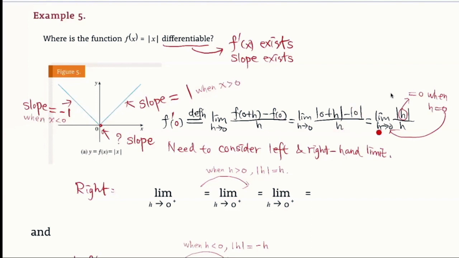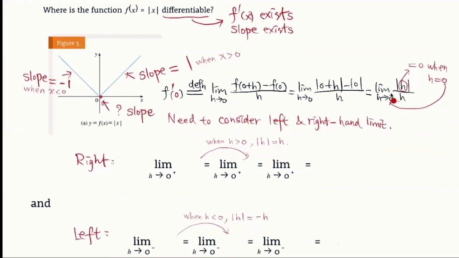Simplifying, this is the limit of the absolute value of h over h. Notice that the absolute value of h equals 0 when h equals 0, which is exactly at this number. So we need to consider the left and right hand limits in order to find this two-sided limit.